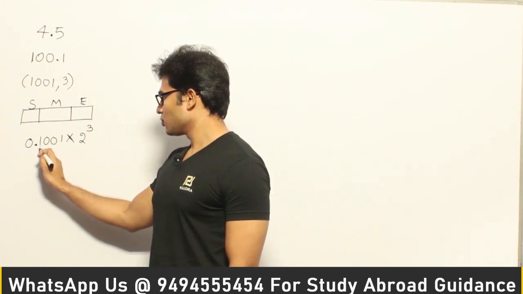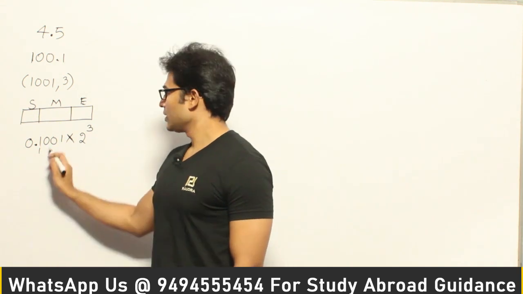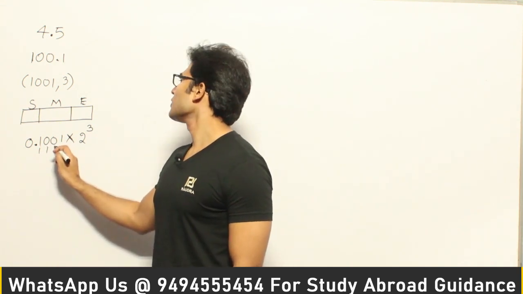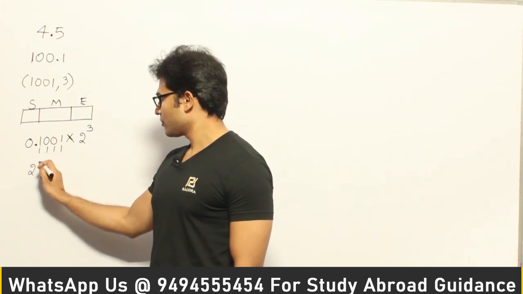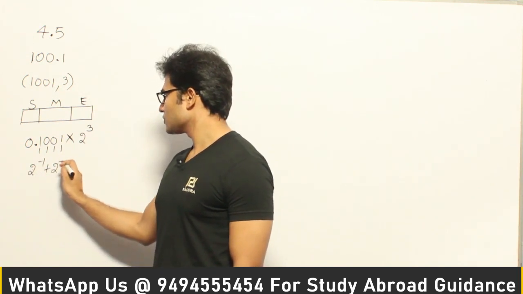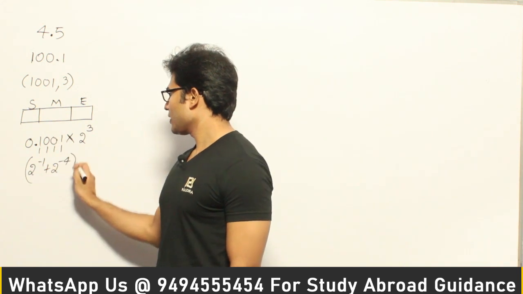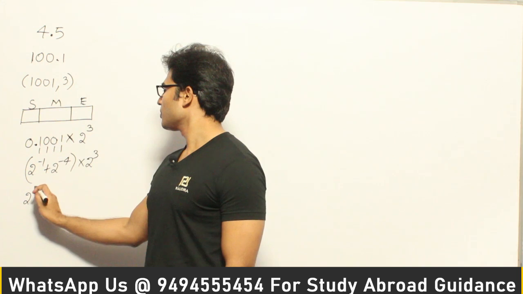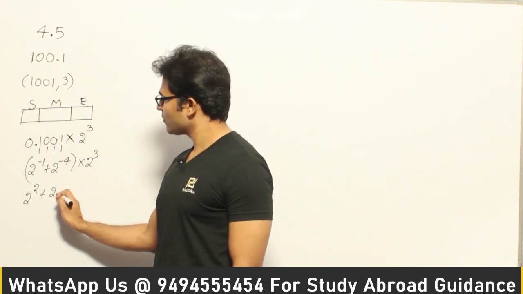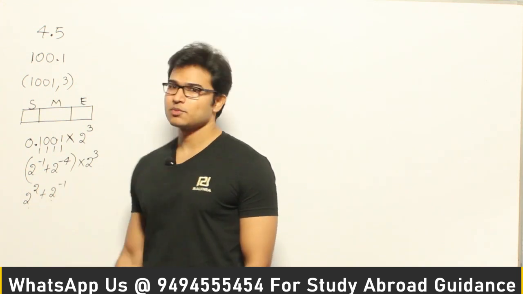This one is going to be 2 power minus 1 weight of this one, and this one 2 power minus 2, 2 power minus 3, 2 power minus 4, right? Which is nothing but 2 power minus 1 plus 2 power minus 4. And now if you multiply with 2 power 3, it is going to be 2 power 2 plus 2 power minus 1, which is nothing but 4 plus 0.5.